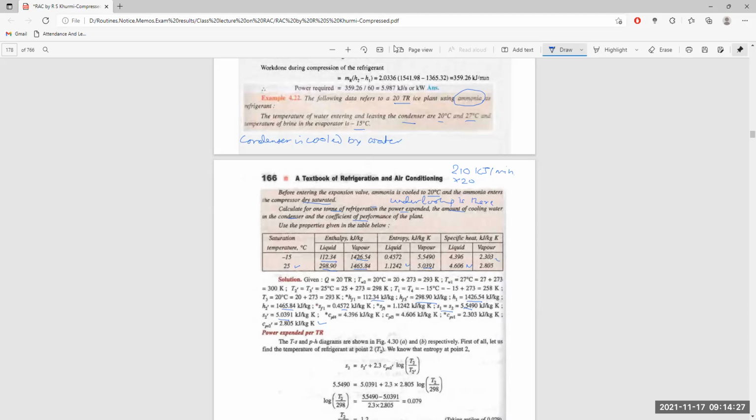We know what T2 is, so we know the entropy at point 2 is equal to the entropy at point 2 dash plus 2.3 times the specific heat of the ammonia vapor at temperature say 25 degrees centigrade, which is given as 2.80 here, times log T2 dash, which we have already calculated, the temperature at the entrance of the condenser itself, which is given here as 290.